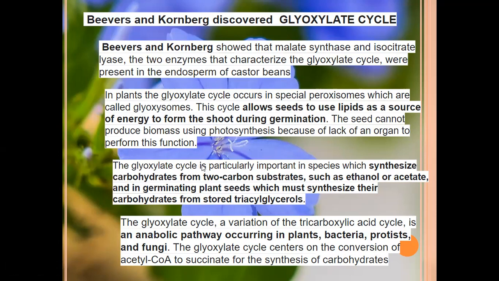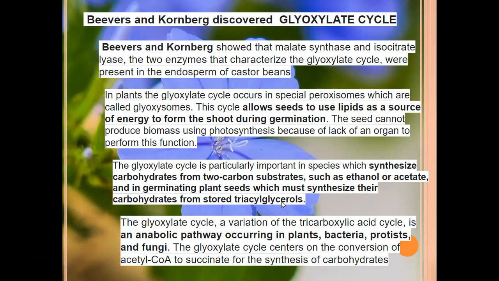The glyoxylate cycle is particularly important in species which synthesize carbohydrates from two carbon substrates such as ethanol or acetate, and in germinating plant seeds which must synthesize their carbohydrates from stored triacylglycerols.